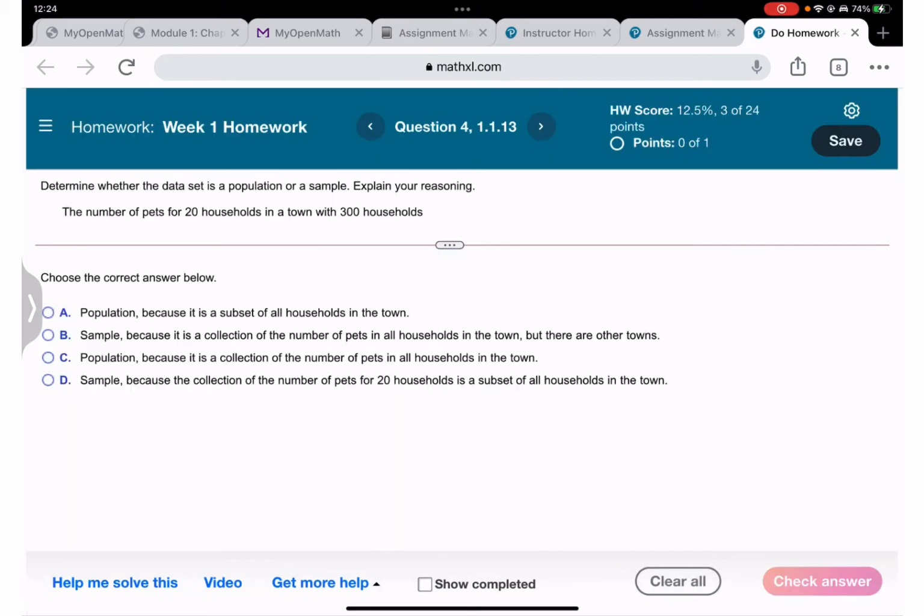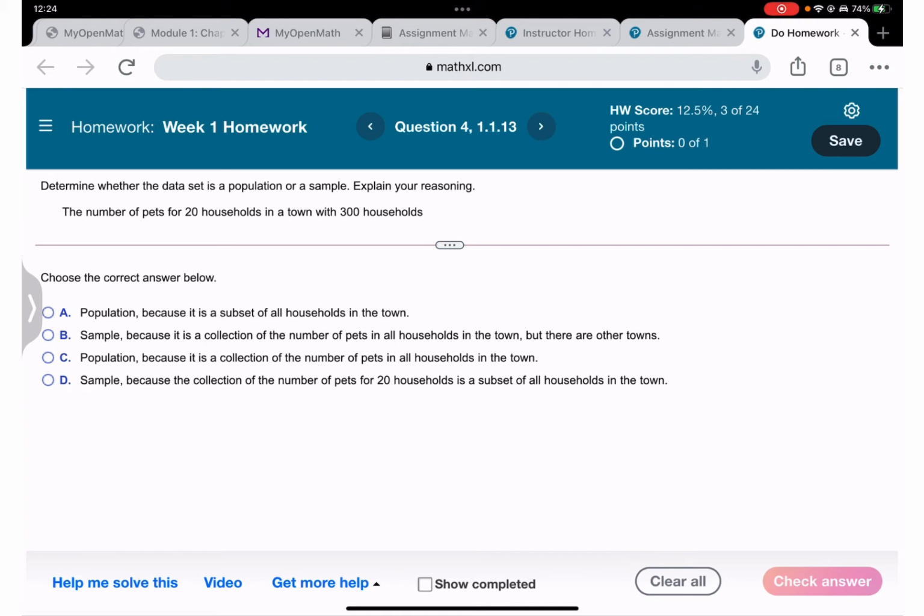Next, question number 4. The number of pets for 20 households in a town with 300 households. When it says 20 households in the town, it doesn't mean the entire town. They just choose 20 households, right? That means it's a sample, a subset.